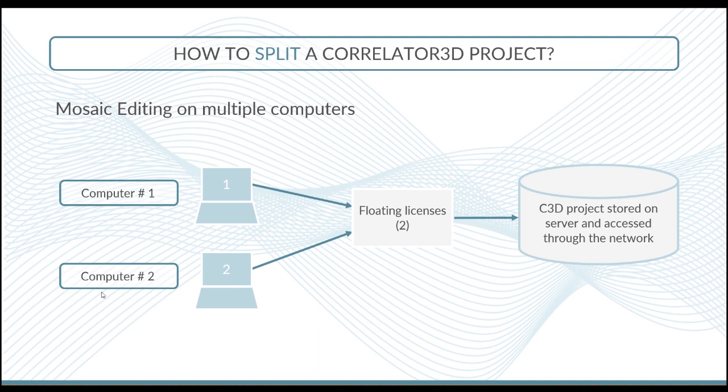And you can access this project from different computers, and each user will have the possibility to select a block of the Mosaic and edit this specific block. So when a user selects a block, this block will turn red, and so the other users won't be able to select this block because it will already be in edition. This way you can edit a Mosaic.